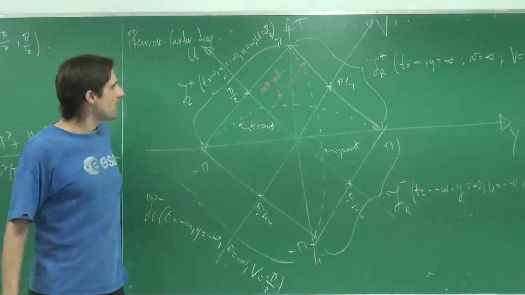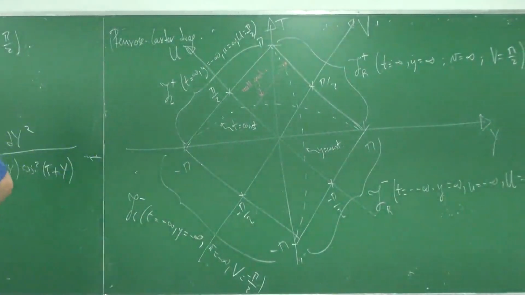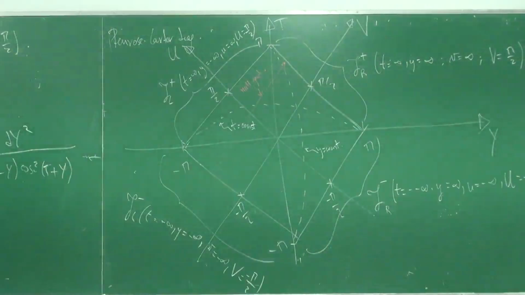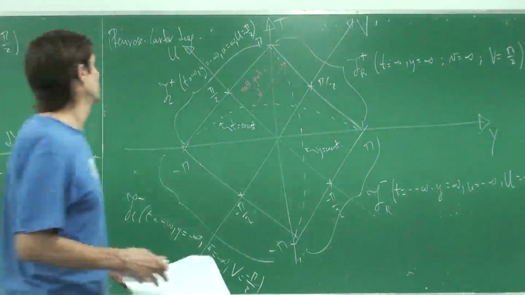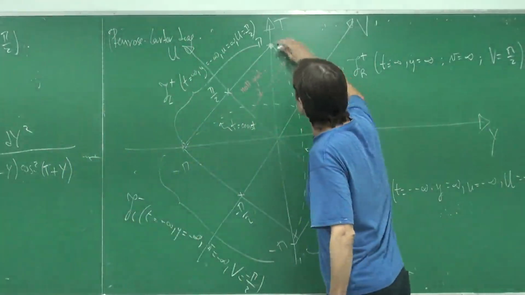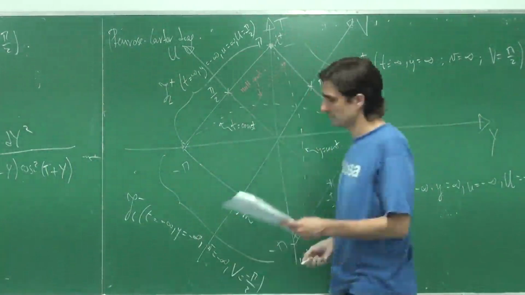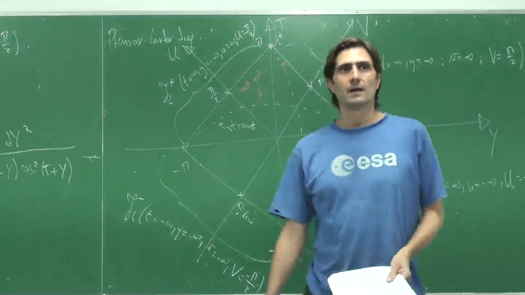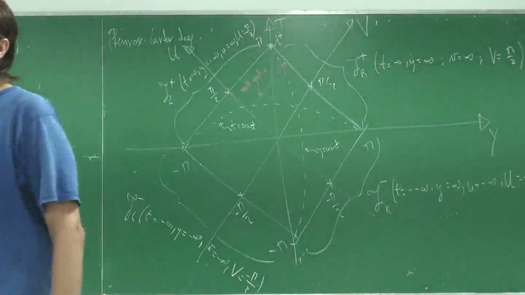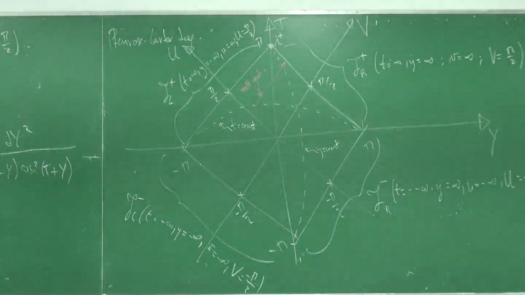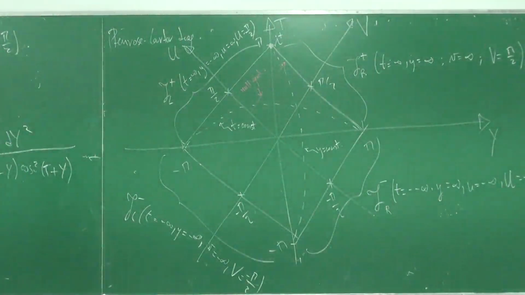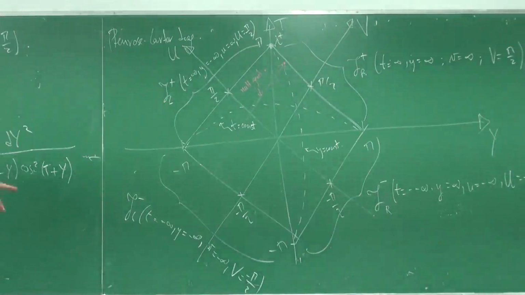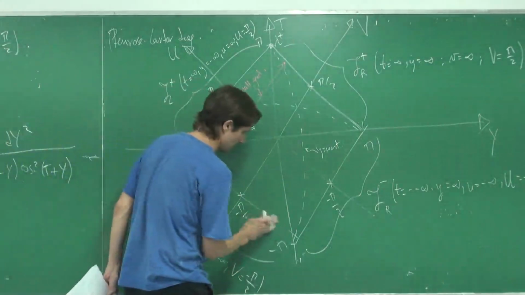Okay, so where do time-like worldlines end up? The other one, at the upper point. So we call this I plus. Do all time-like worldlines end up there? Well, they come from I minus.